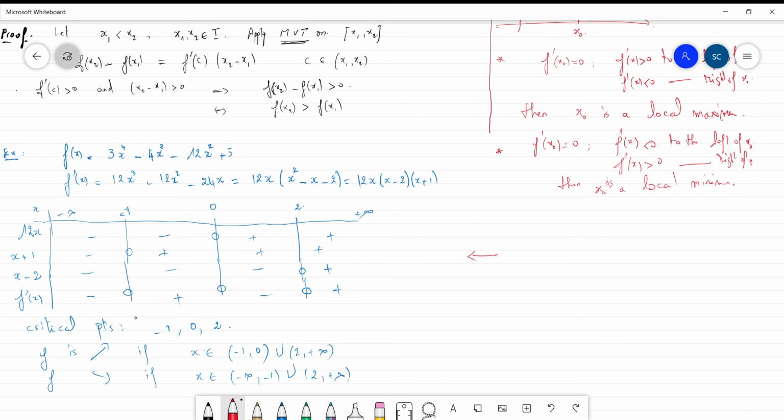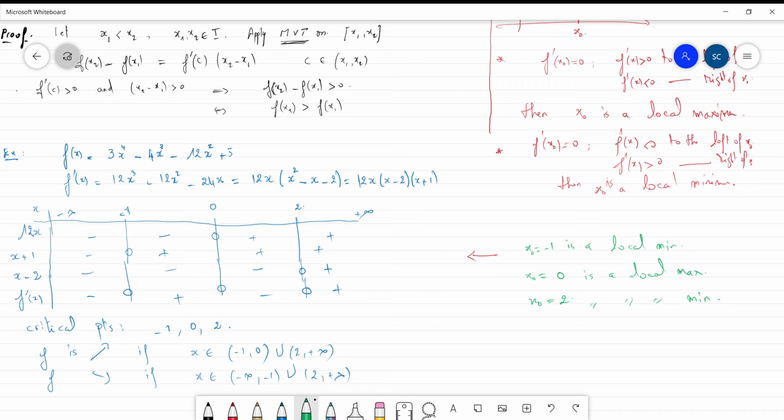We can say here that x0 equal -1 is a local minimum. x0 equal 0 is a local max. You just read the information from the signs, and x0 equal 2, decrease and increase, is a local min. You see how it is useful.